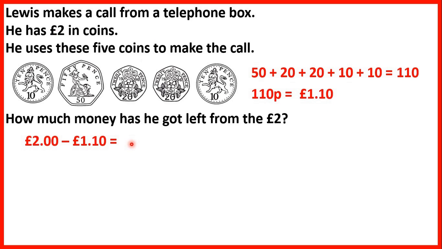So we can subtract what he spent from what he started with to find what he has left. £2 can be written as 2.00, and if we subtract £1.10, that gives us £0.90 or 90 pence. So with the £2, he spent £1.10 and has 90 pence left.